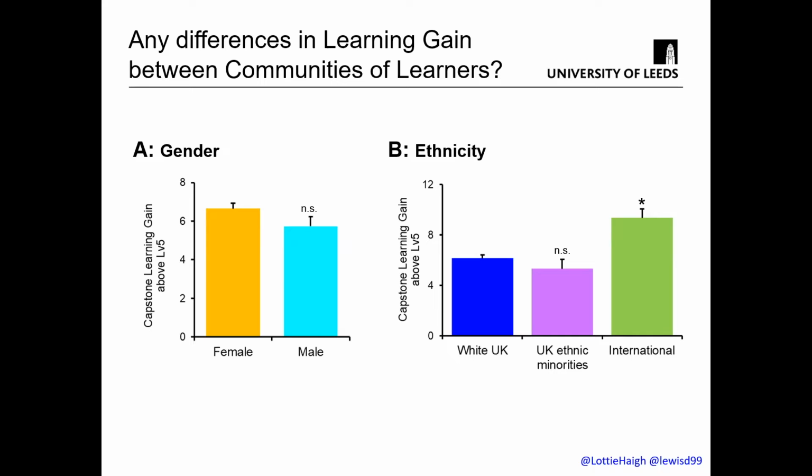The blue bars are the majority of our students, white UK students. For UK ethnic minorities, there's no significant difference in learning gain compared to the majority of our students. However, there is a significant difference, a greater learning gain, for international students compared to the rest of our students.